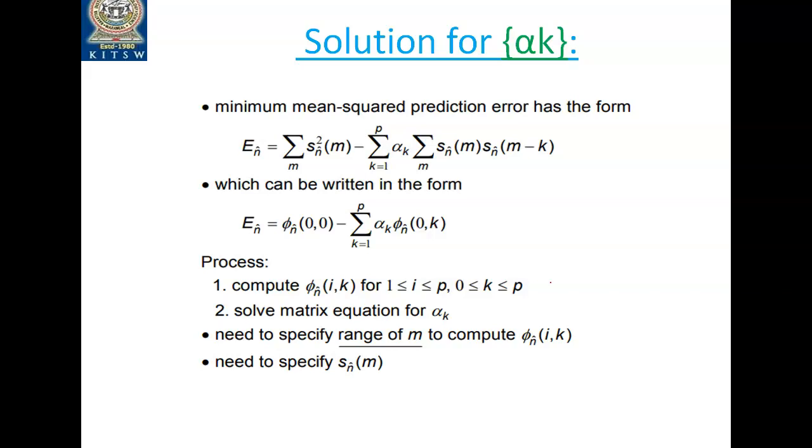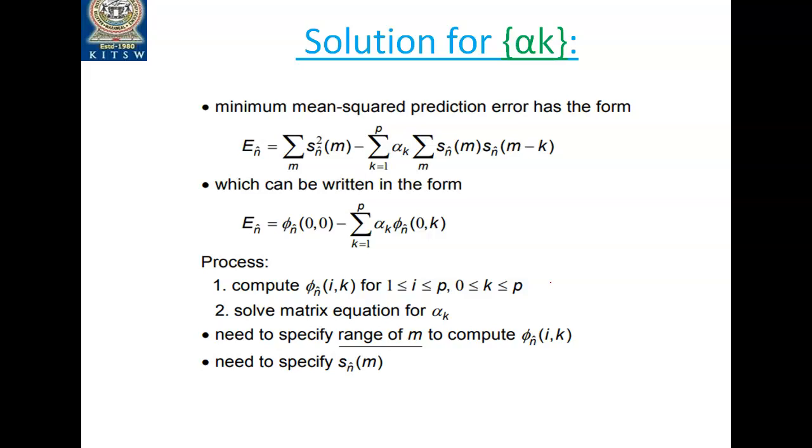We need to specify the interval, just as in the autocorrelation method we clearly mentioned how we need to fix the limits for the summation. With a rectangular window or a Hamming window, any kind of window, we take a short-time segmentation of the speech, and from that we evaluate the alpha values.